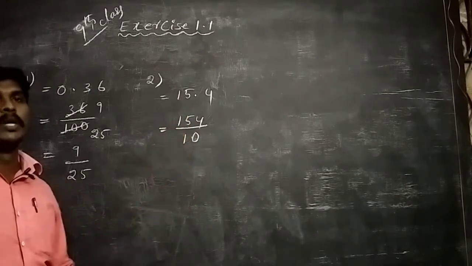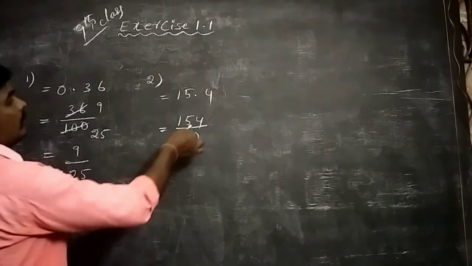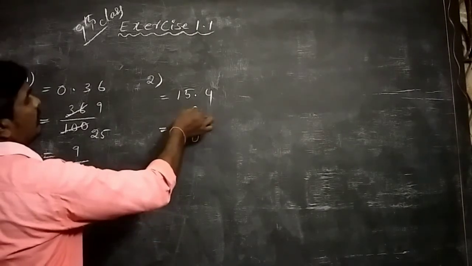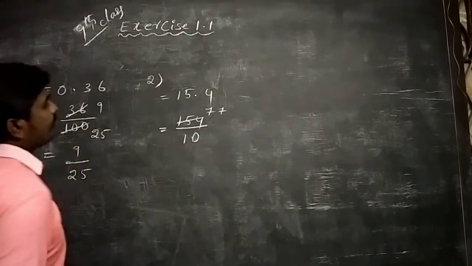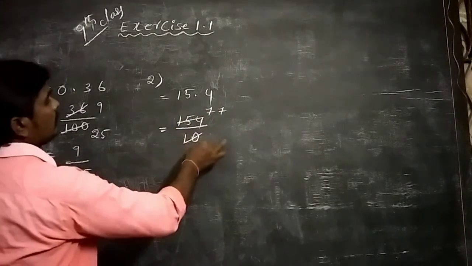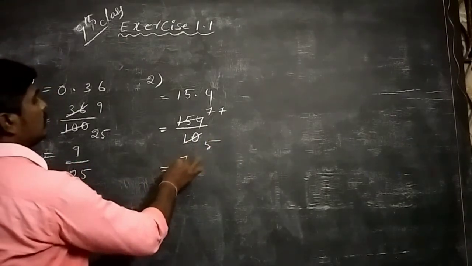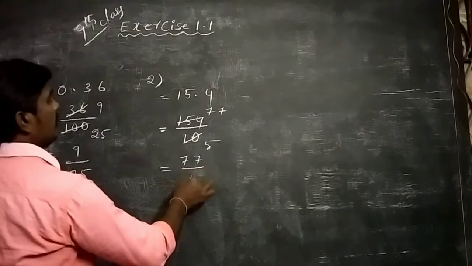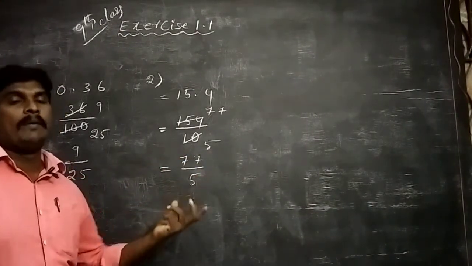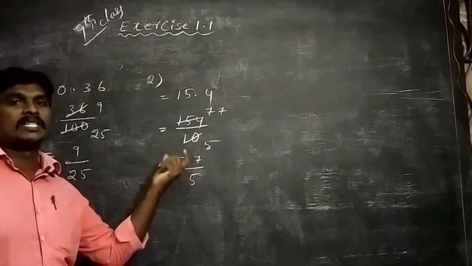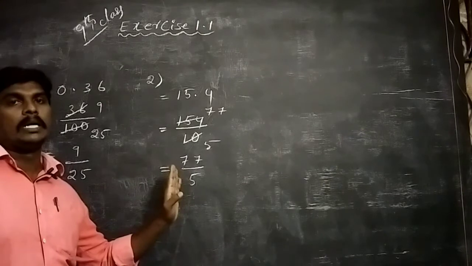So cancel with the 2 table. That means we are writing in simplest form. 2 7s are 14, and 2 5s are 10. So the required answer is 77 by 5.